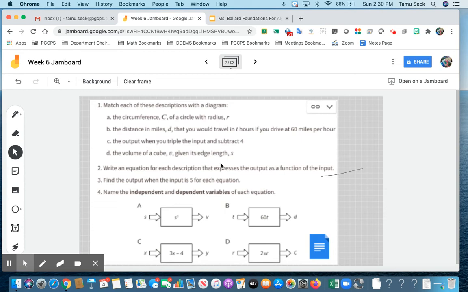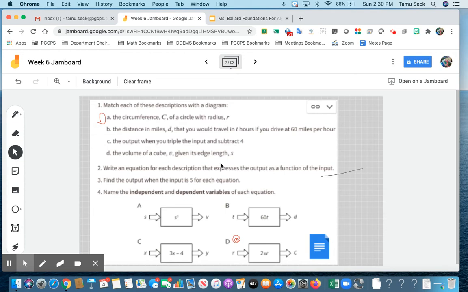Okay, now A, the circumference C of a circle with the radius R. So this D and A, they match. Okay, so what is the formula?